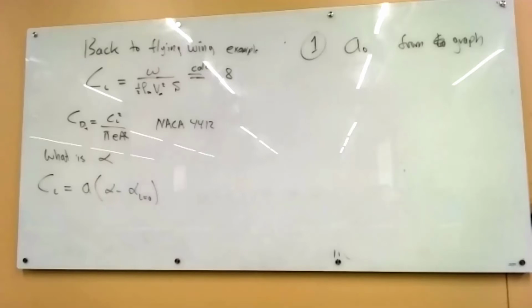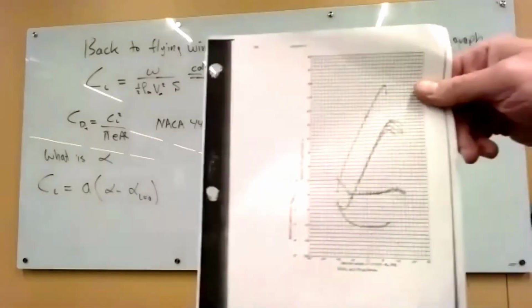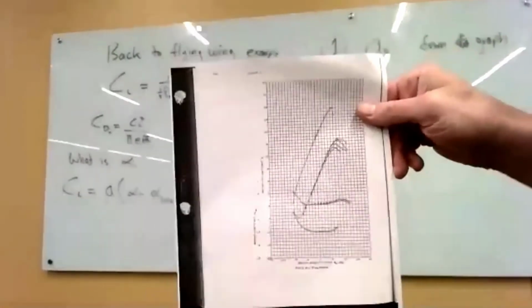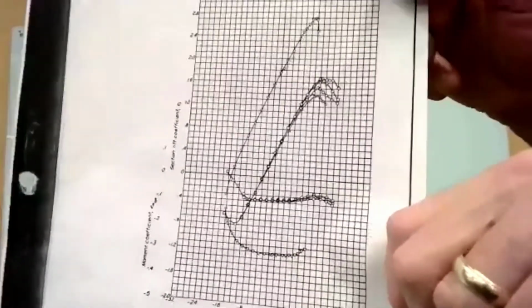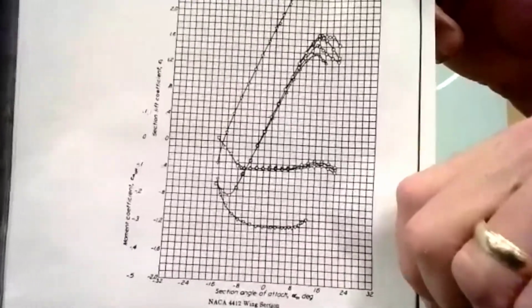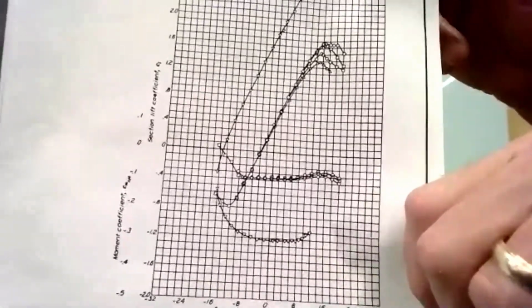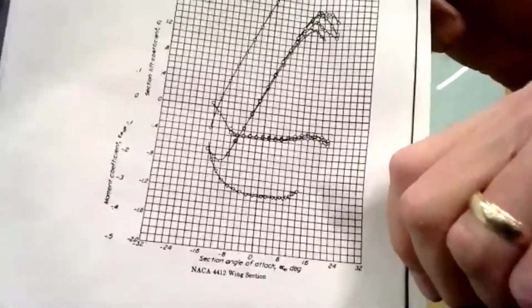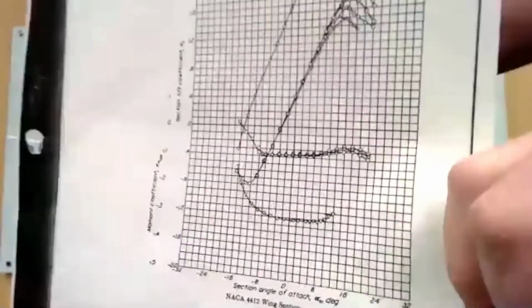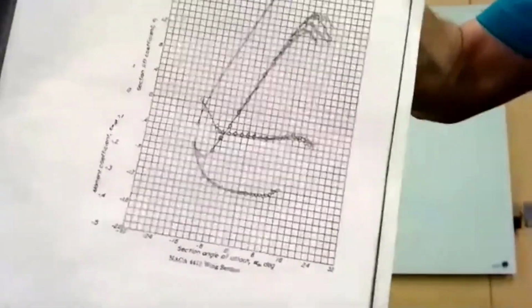How well can you see this on the screen? Can you see the numbers? Somebody tell me. Is that good enough that you can read points off of it?